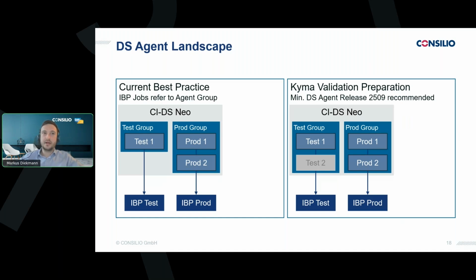There will be created a full copy, but we have to look first at our data service agent landscape. Our best practice is that we recommend for testing, to connect with your IBP test system, you have a single agent in a test group, and in your production group, you have two agents which communicate with your IBP productive system.